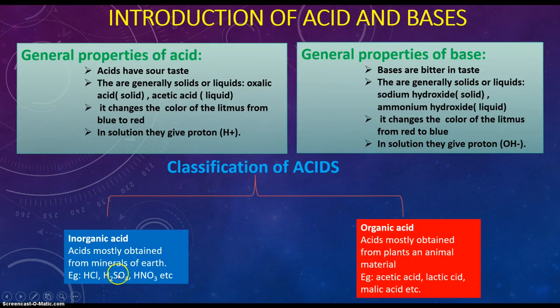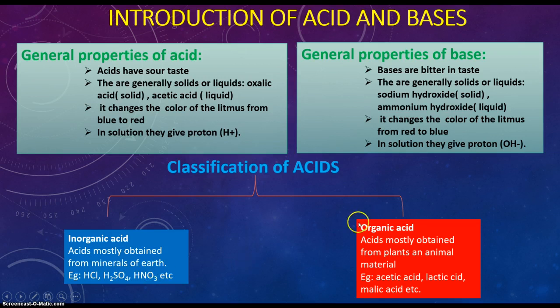Chlorine, sulfur, nitrogen are elements that are found in mineral form, right? So these are acids whose central atom or elements are found in minerals of earth. That's why they are called inorganic acids, or mineral acids.